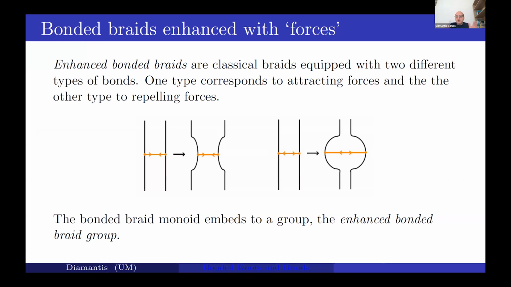So we have two types of bonds. Then we can consider the enhanced bonded braid group. And with Professor Sofia Lambropoulou, we proved that the bonded braid monoid embeds into this enhanced bonded braid group.